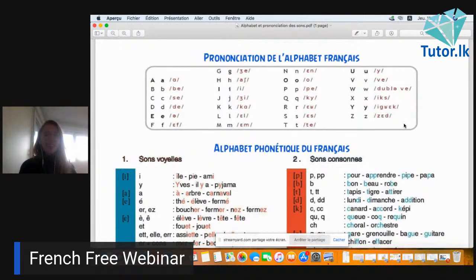Okay, so the first letter is A, then B, then C, then D, then E, then F, then G, then H. The H is silent in French. It's a mute letter.